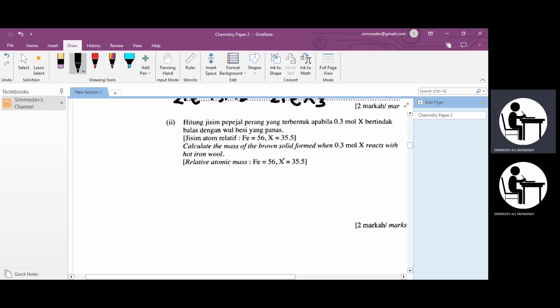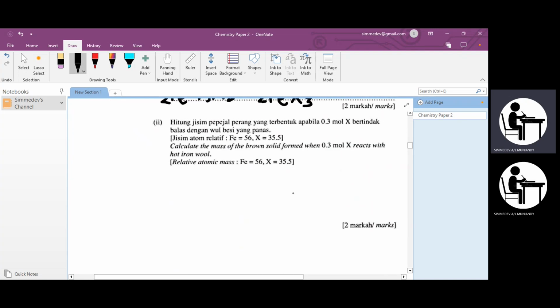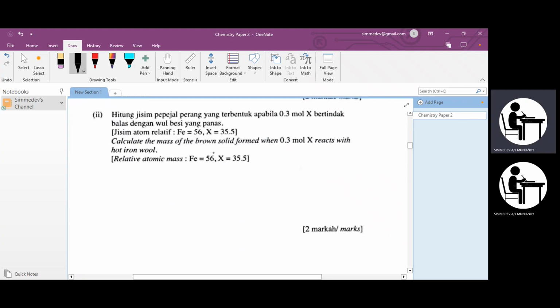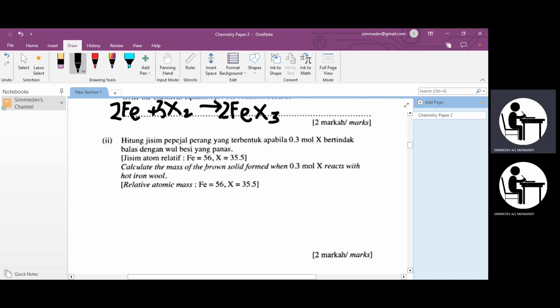Okay, for the next question, calculate the mass of brown solid formed when 0.3 mole X2 reacts with hot iron wool. This type of question is stoichiometry, and it is one of the easiest questions there is in chemistry. I think it's a shame if you couldn't master this part, because it is very easy.